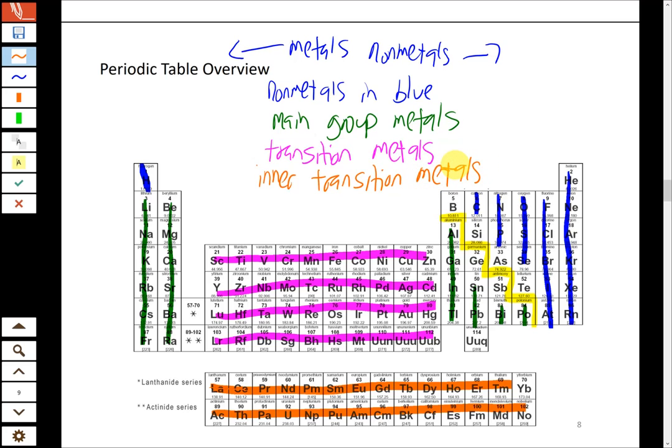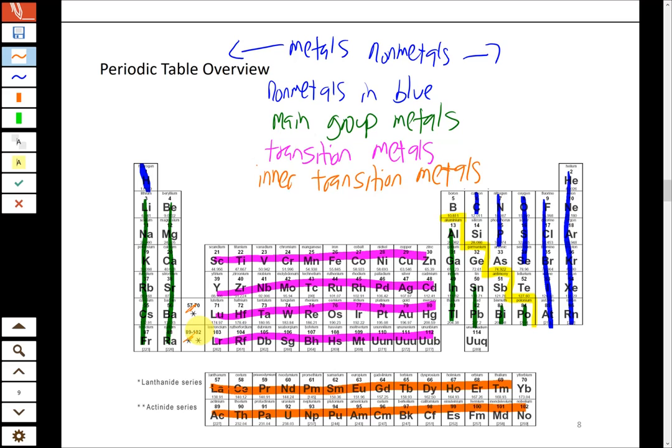Remember, they're cut out from the transition metal series, as it's shown here. So those are the inner transition metals, which are shown at the bottom of the periodic table, but in reality are cut out from these two rows there and there.